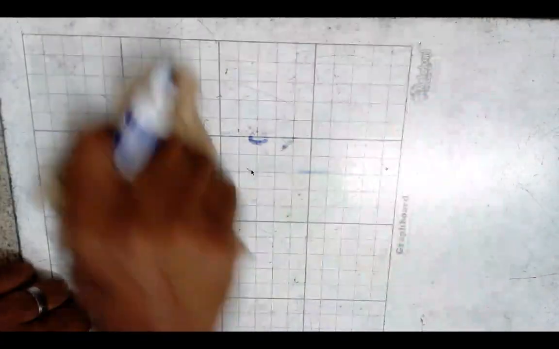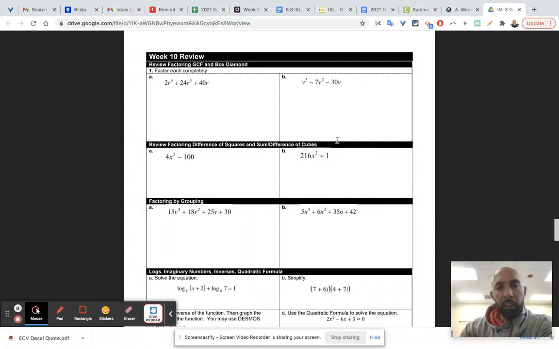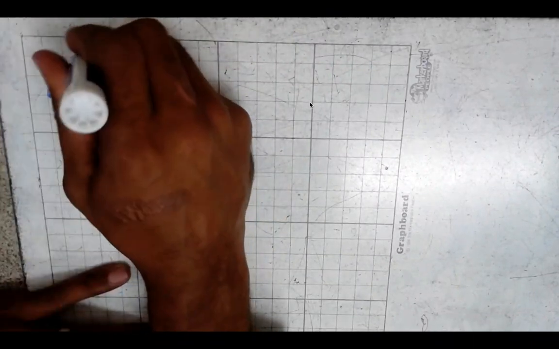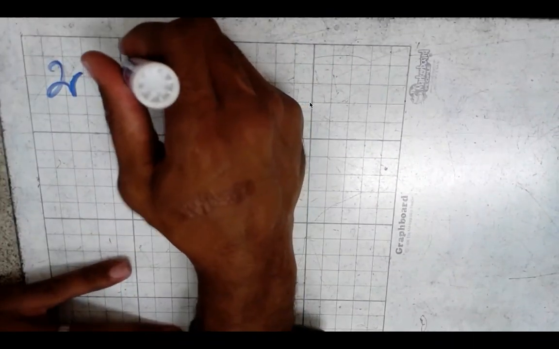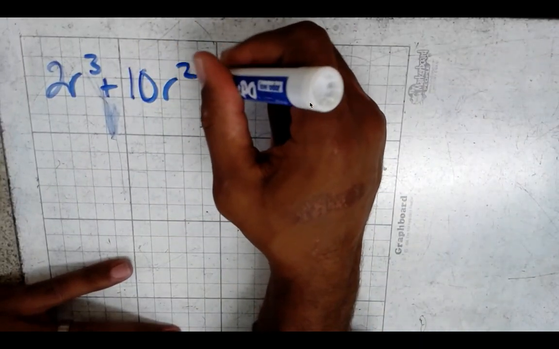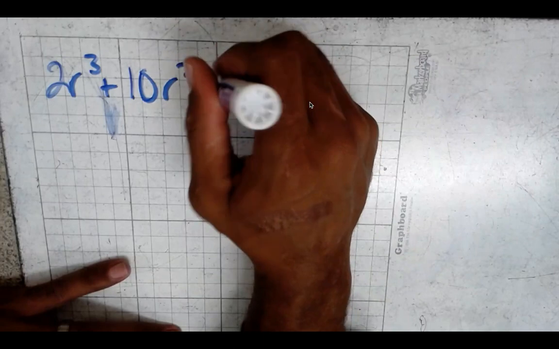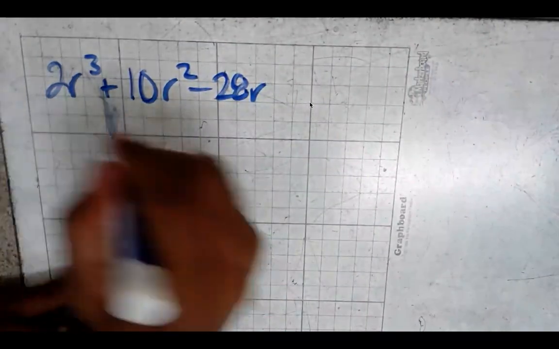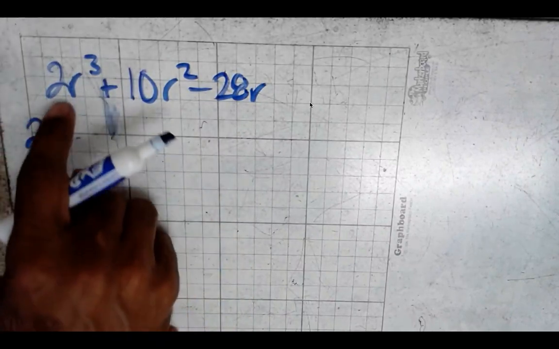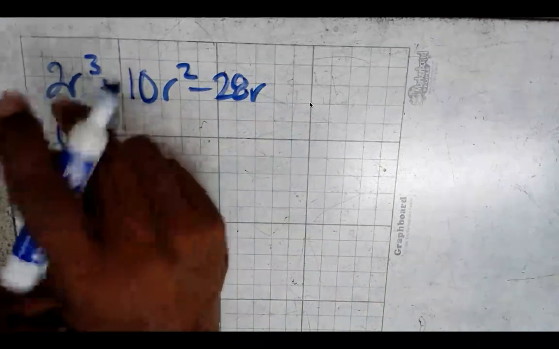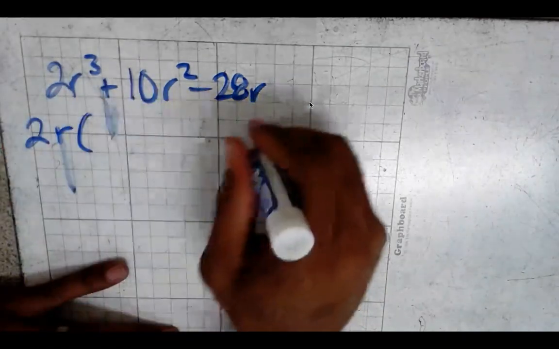Okay, let's go over the next one, which is very similar. Let's say I've got 2r cubed plus 10r squared minus 28r. First, I look for a GCF. The GCF here would be 2, and they all have one r, so 2r is my GCF.